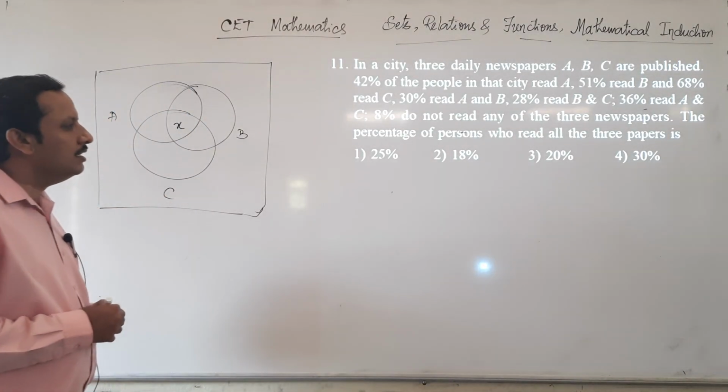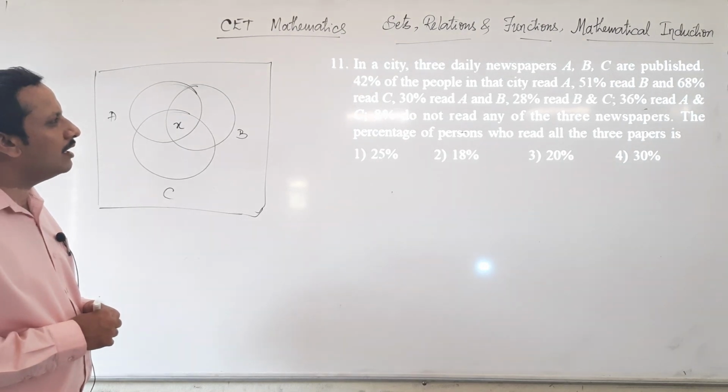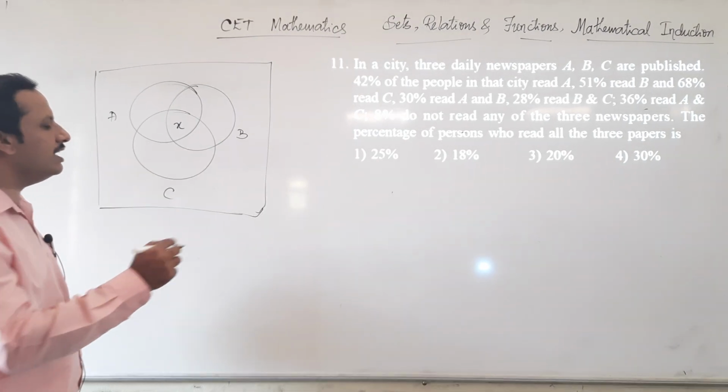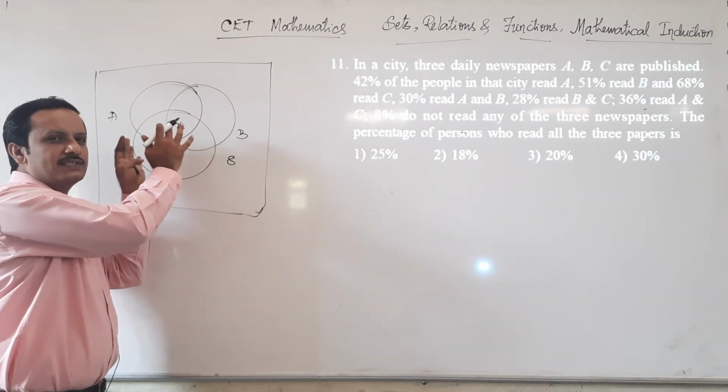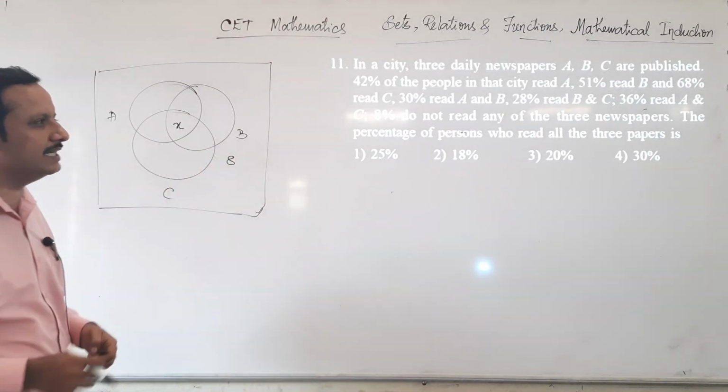Now, 8% do not read any of the 3 newspapers, so they will come outside these circles but inside this universal set.